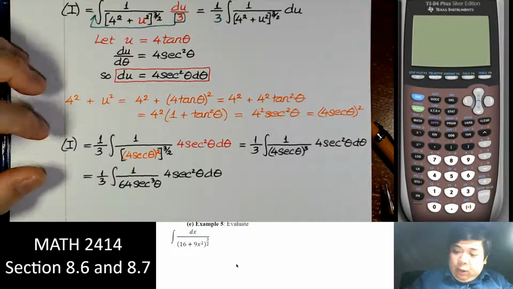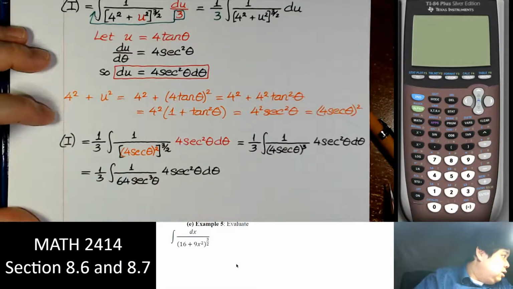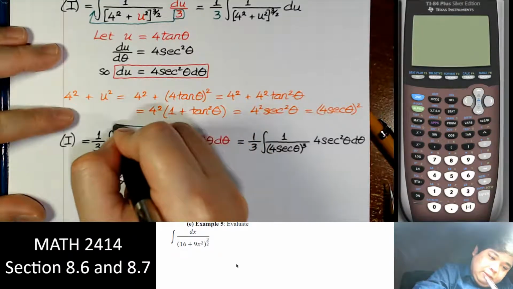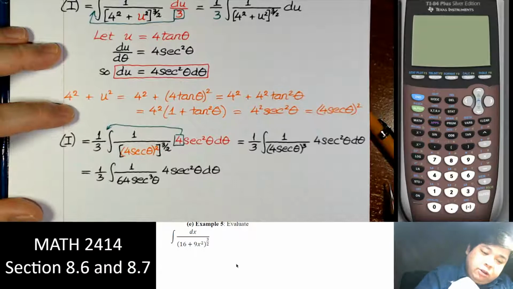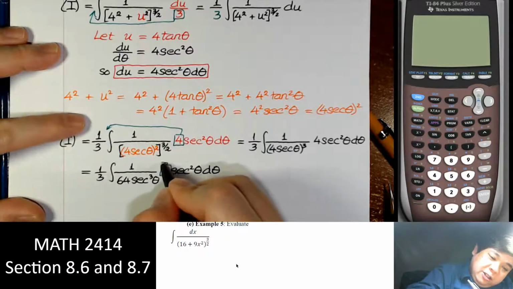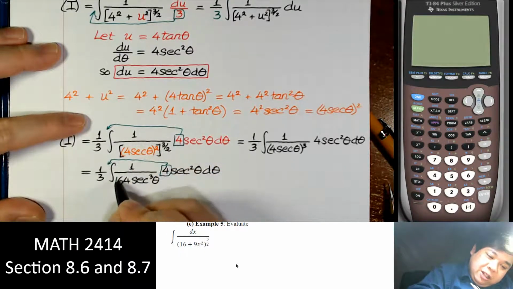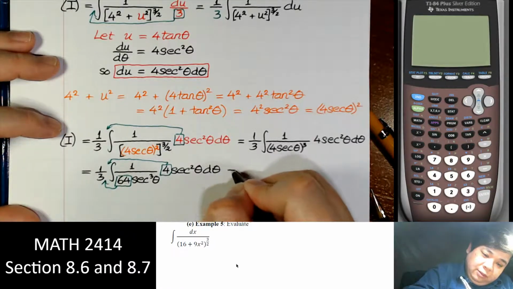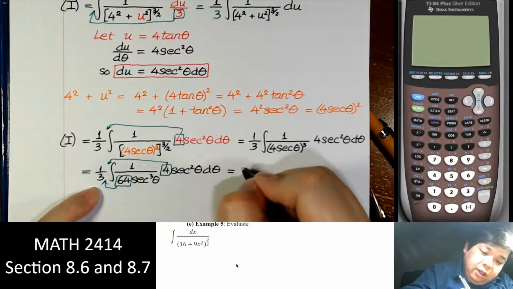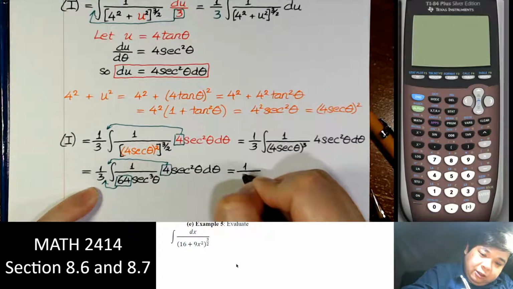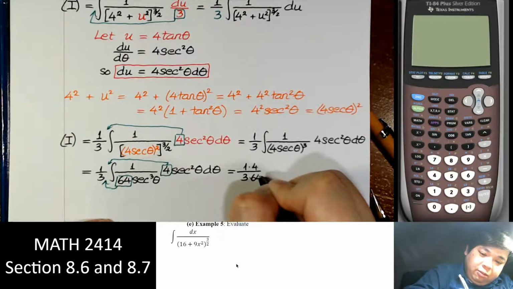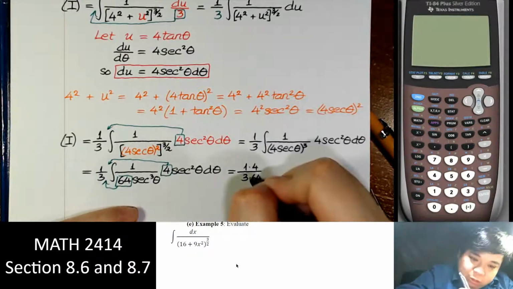Right. Now we can check all the constant outside. That's 4 on the top. Oh, sorry. I mean this constant. And the 64. One third. 4 on the top, 64 at the bottom. Right. Multiply.